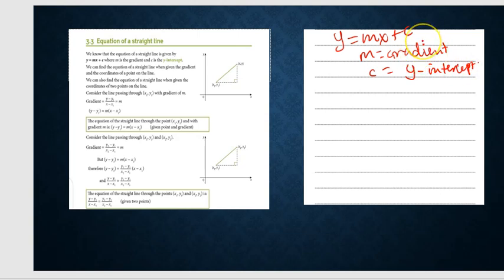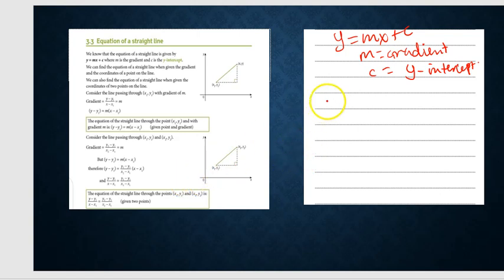We can find the equation of a straight line when given the gradient and the coordinates of a point on the line. Let's consider the line passing through x1 and y1.